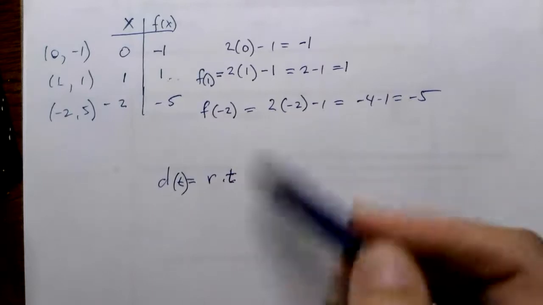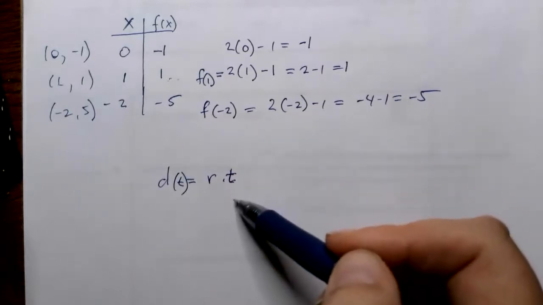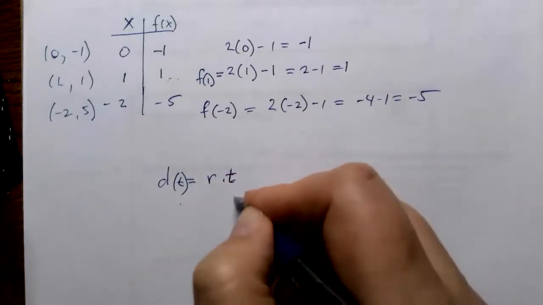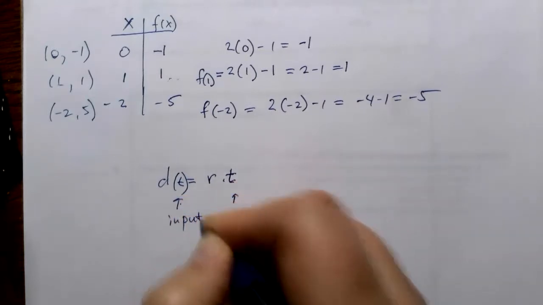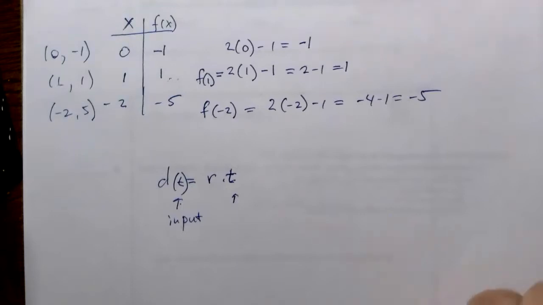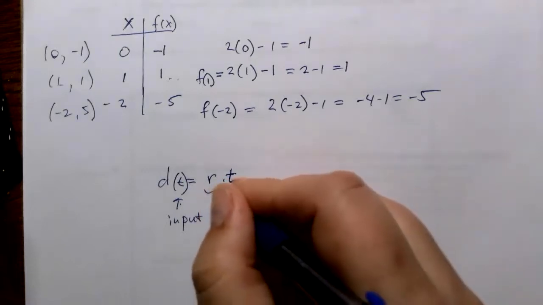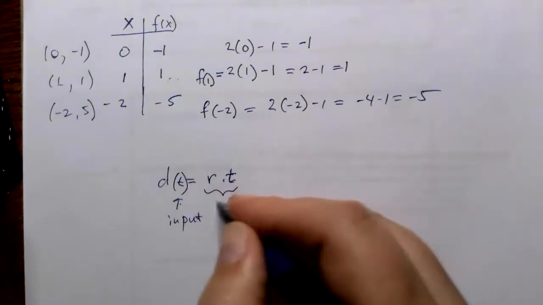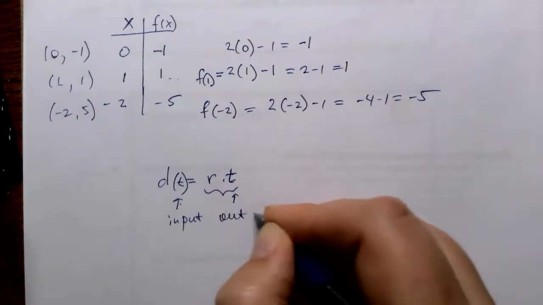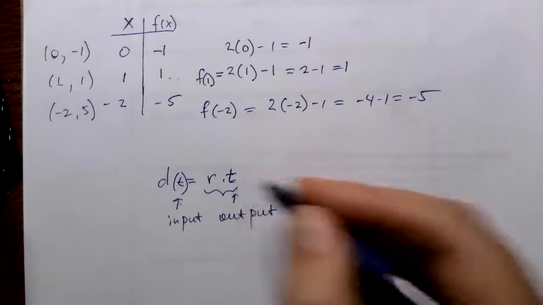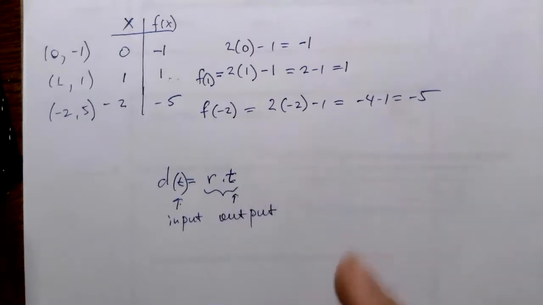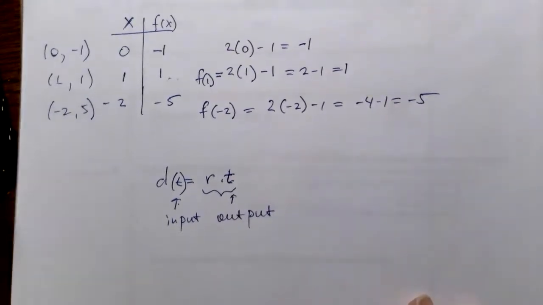It depends on t. You input t, right? T is your input, and then you calculate your distance covered based on that input. This is the rule that you use to calculate your output. You take the time that was given to you, and you multiply it by the rate.